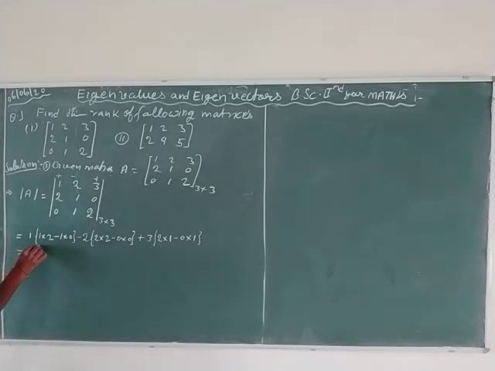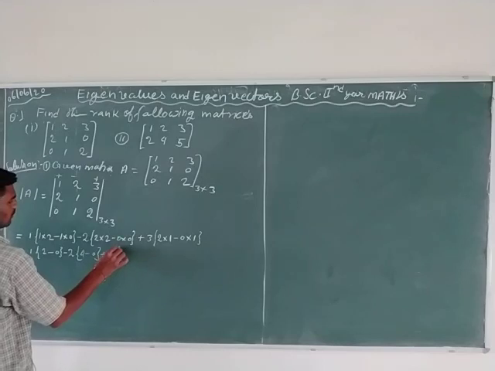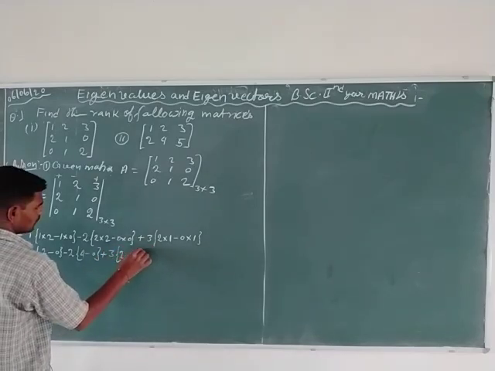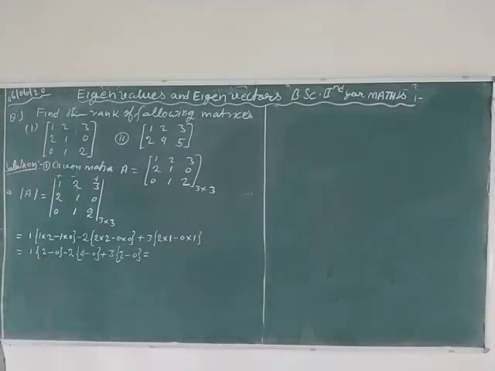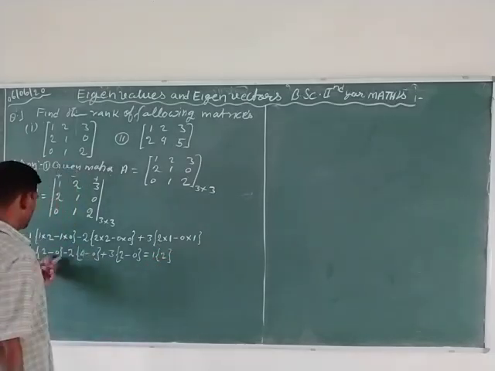So it is equal to 1 into 2, 2 minus 0, minus 2 in bracket 2 into 2, 4 minus 0, plus 3 in bracket 2 into 1, 2 minus 0.